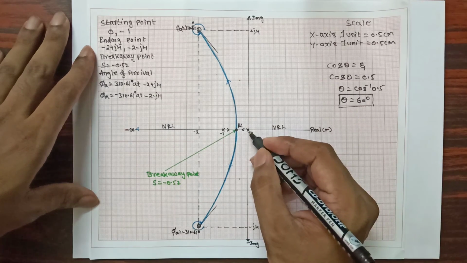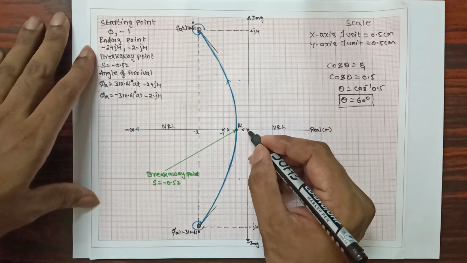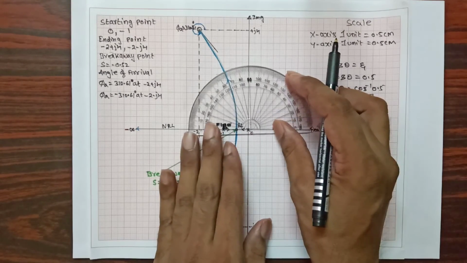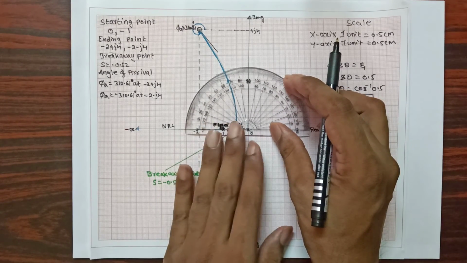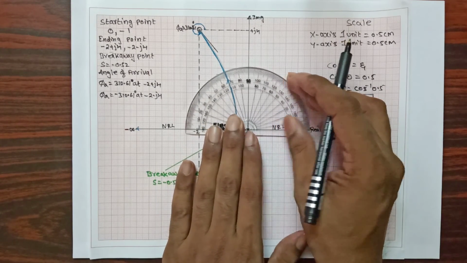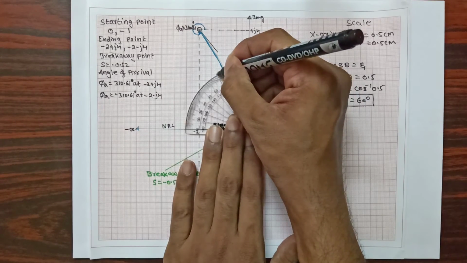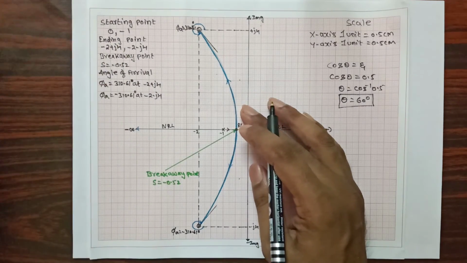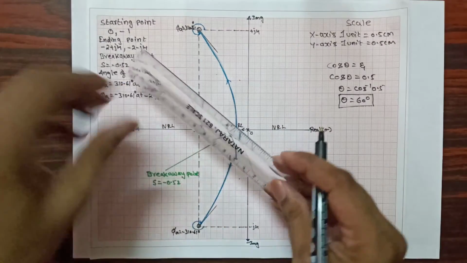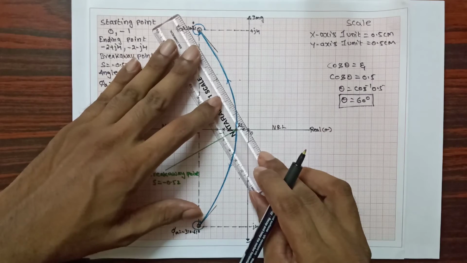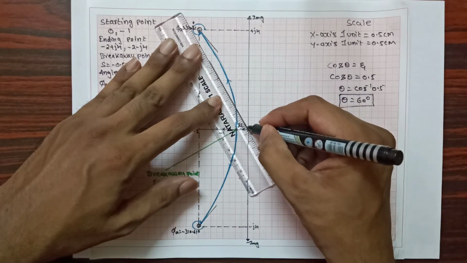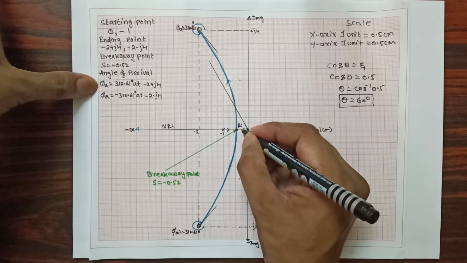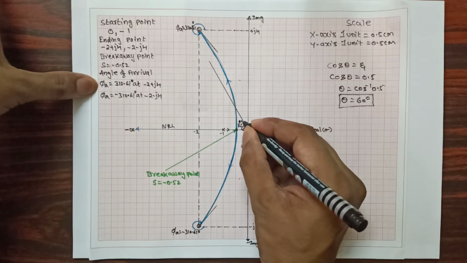We are going to draw the 60 degree angle from the origin on the left hand side. So this is the 60 degree angle we have drawn.